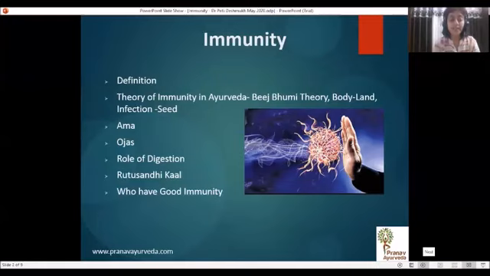The Agni or digestive fire can start to fluctuate dramatically in this Rutu Sandhi Kal. If you don't adjust your diet and daily routine and follow the Ayurveda guidelines for the seasonal transitions, then you can build up the ama, that is the toxins.